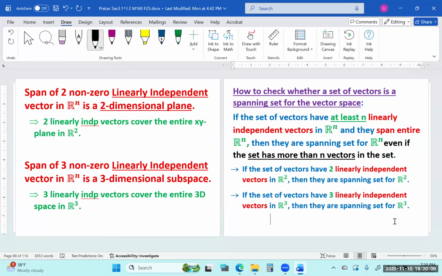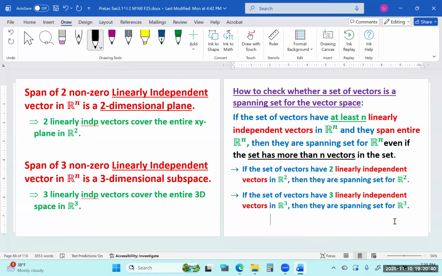Each linearly independent vector, you can think of like a variable. Two independent vectors in R2 means you need X and Y, both of them. X gives you one vector, Y gives you another vector. If you have both X and Y vectors, then they can cover the entire vector space, and they have to be independent. In R3, you have to have X, Y, and Z. So if you have three vectors X, Y, and Z in R3, then they can span your entire 3D space.